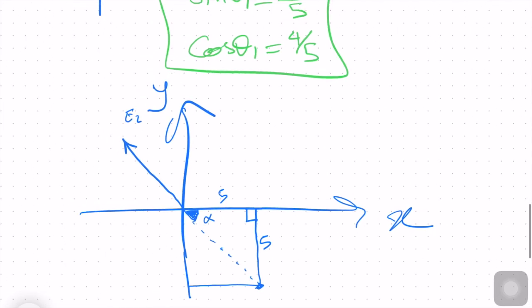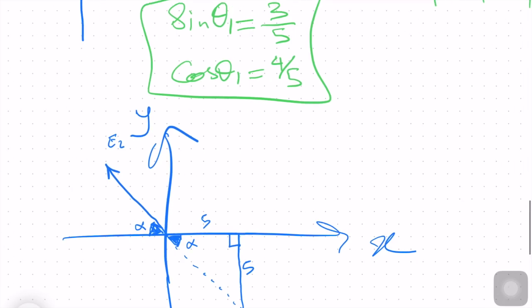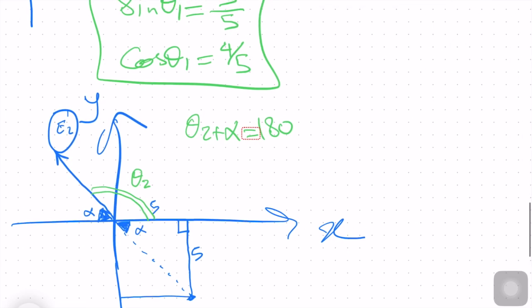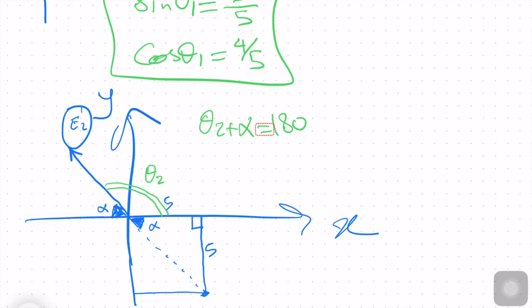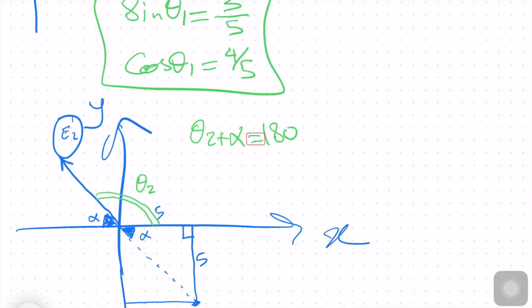So why do I care about that? Because if I follow it on this side, this angle is also alpha. Now what I care about is really the angle that E2 makes with the x-axis. That is this angle. I'm going to call this theta 2. Now theta 2 and alpha add up to 180, so they're related to each other. If I know the properties of alpha, then I know the properties of theta 2.